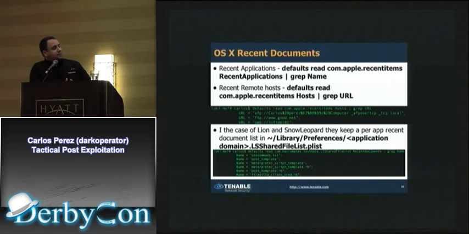They created separate plists after Leopard, Snow Leopard, and Lion that save the last 10 to 15, even 20, recent documents per app, depending on the application and how it is configured. In fact, I'm going to be pushing a post-exploitation module next week or the week after that I've been writing for this.